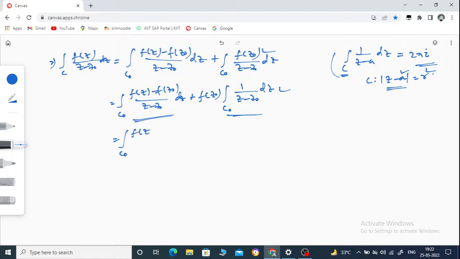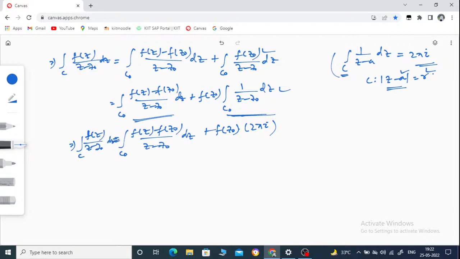So this is the integration of f of z minus f of z naught divided by z minus z naught dz, plus f of z naught times this value, which is 2 pi i. And this is the integration over C of f of z divided by z minus z naught dz.